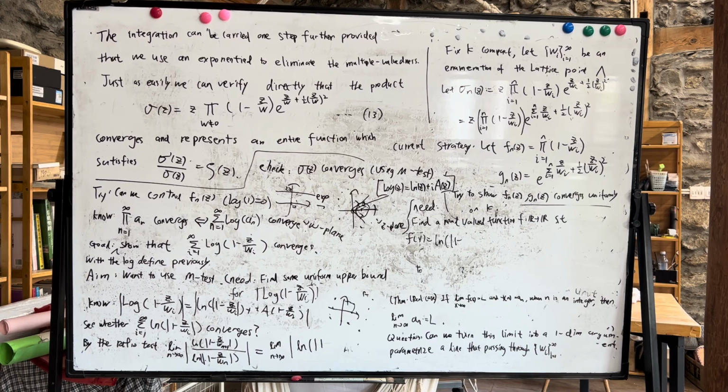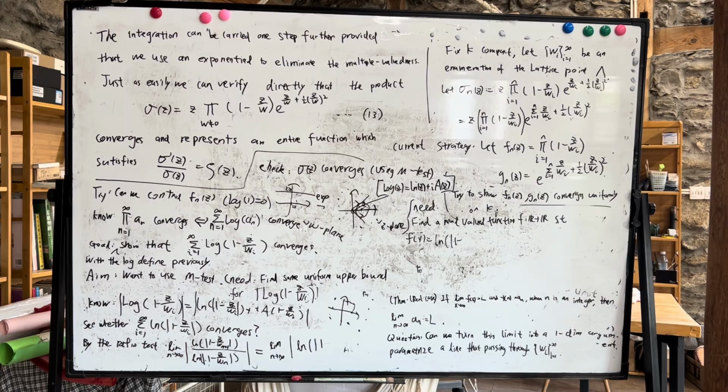So I separate it into two parts. Maybe I want to show that the real log of the modulus of 1 minus z over omega i is summable.